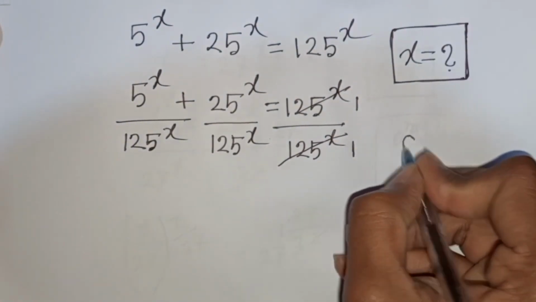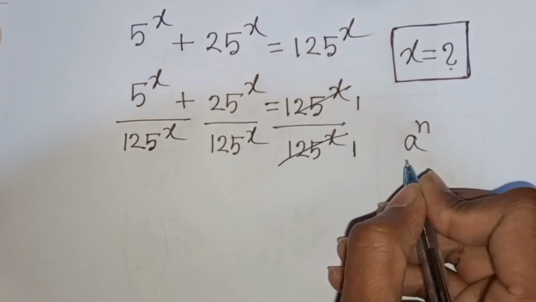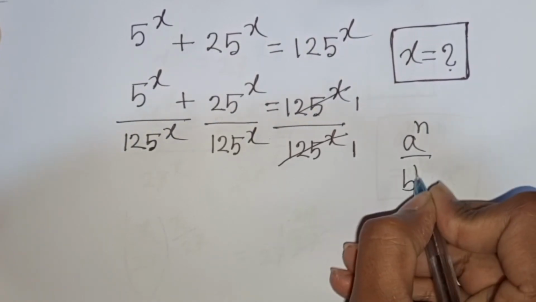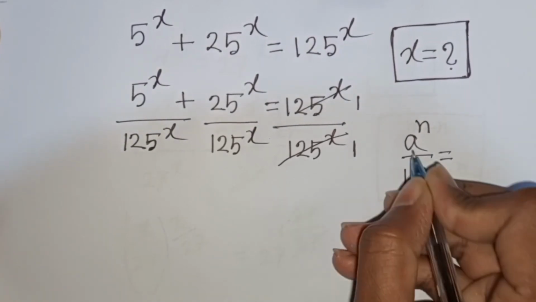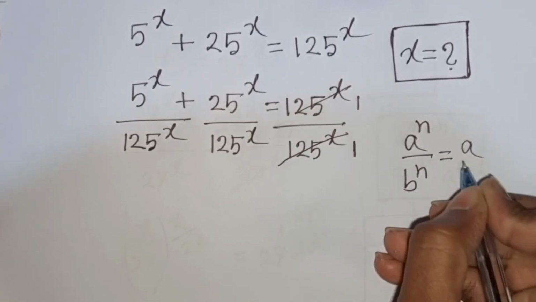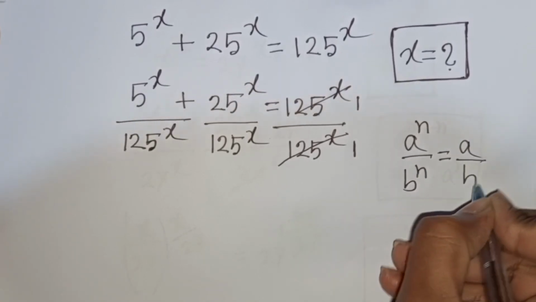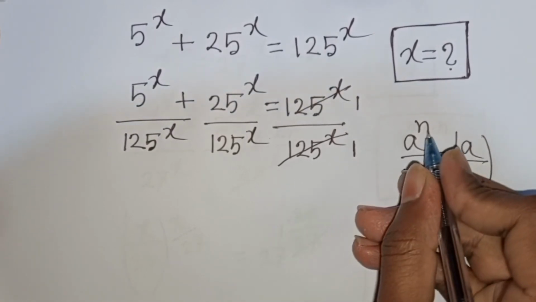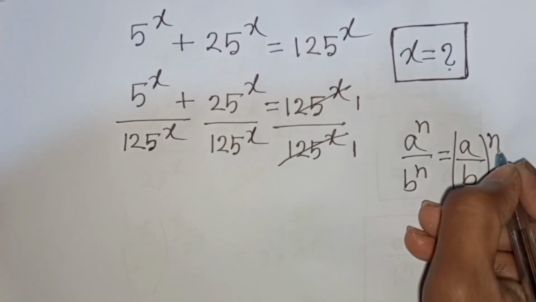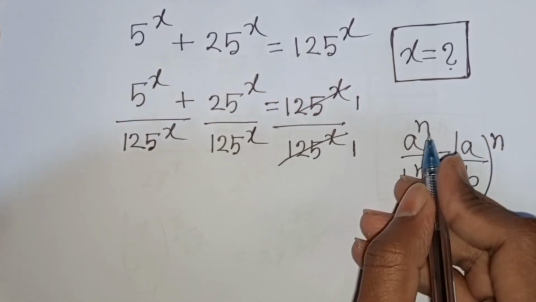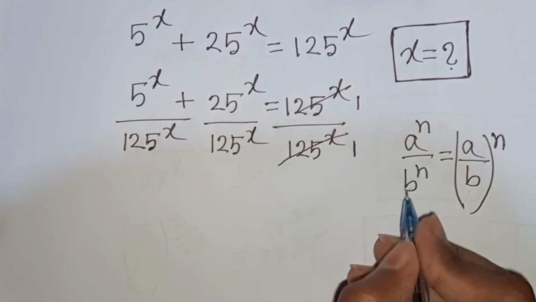So remember this formula, a power n over b power n is equal to a over b, then bracket common power n. That means n is the same power but different base.